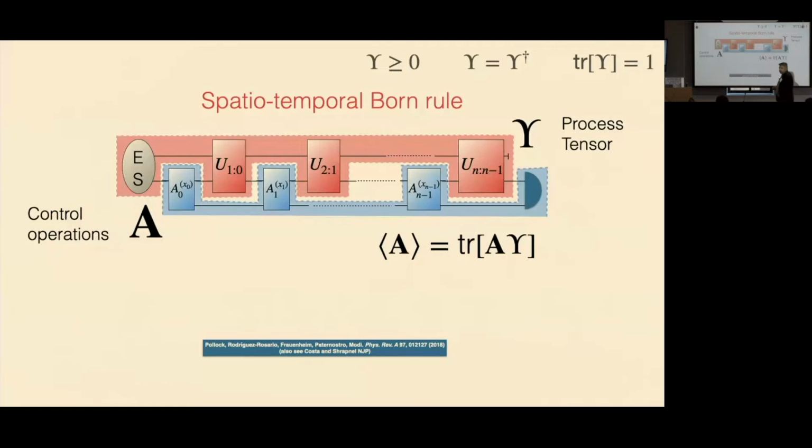Can you remind me the definition of positiveness for a tensor with many indices? That's for a matrix, yes. That's a good question. So it's completely positive. This is actually okay, because this is a density matrix representation. So what does it mean that it is positive or completely positive?